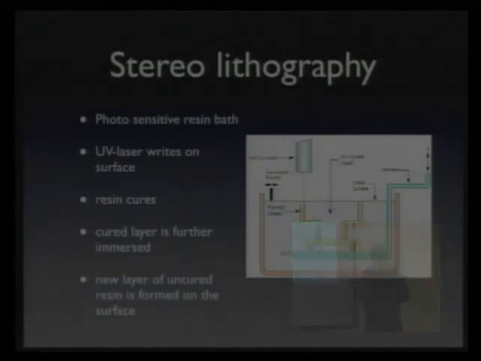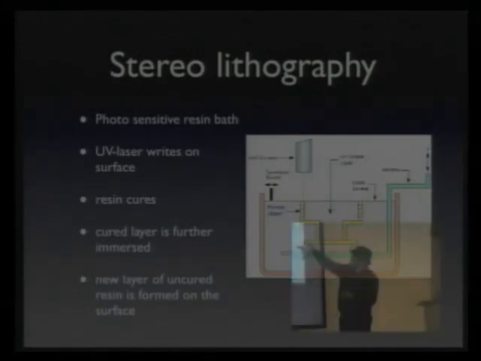So it uses the light energy to initiate a polymerization process and become stiff. And if it has done this, then it will go a little bit farther down and will write the next slice of your 3D structure.